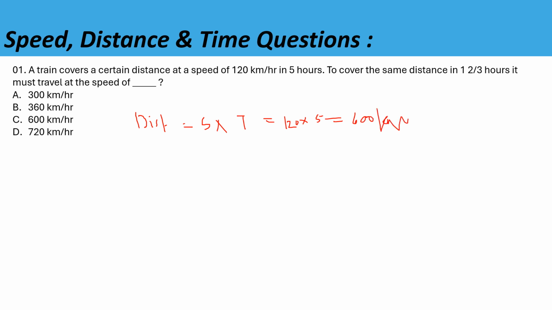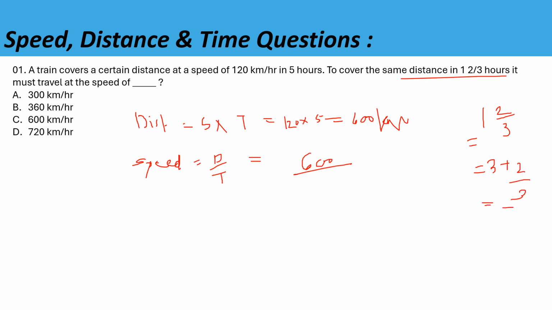Then we know speed is equal to distance upon time, right? So we have now distance 600 divided by 1 and 2/3. This can be done as 3 into 1 is 3, plus 2, so it will be 5 upon 3. So 5/3 hours.